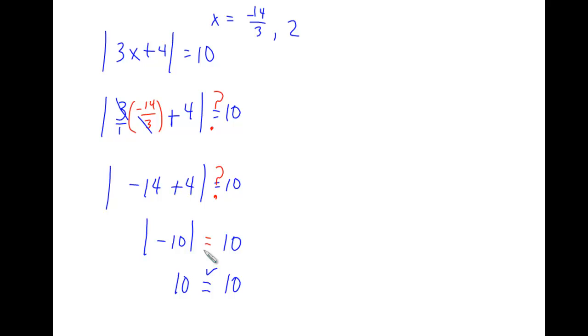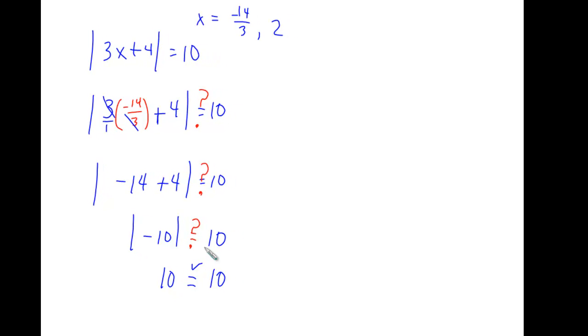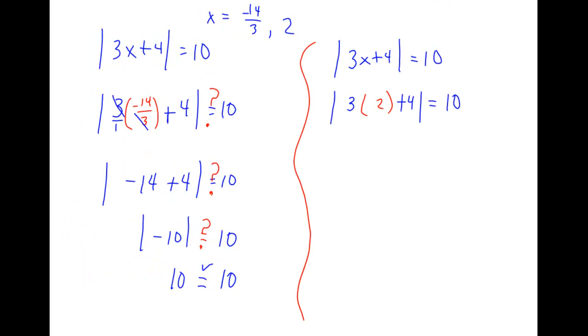So yes, this checks. Let's plug in the second value, 2, by substituting it into the original equation. We want to see if it is also equal to 10. 3 times 2 is 6 plus 4. Again, we are looking to see if that is equal to 10. So 6 plus 4 is 10. The absolute value of 10 is equal to 10. So 10 is equal to 10, and this checks.